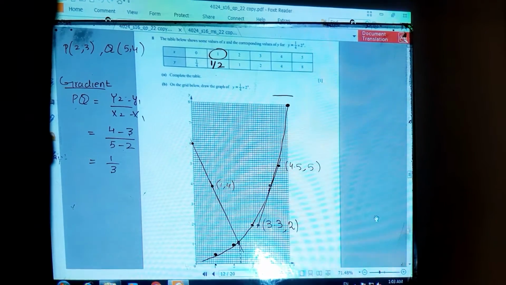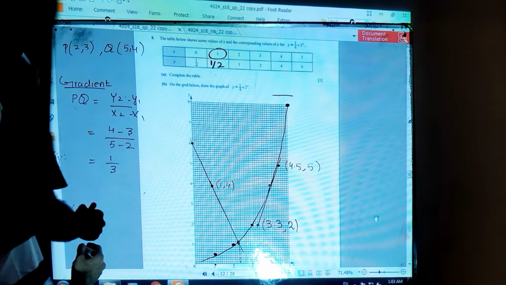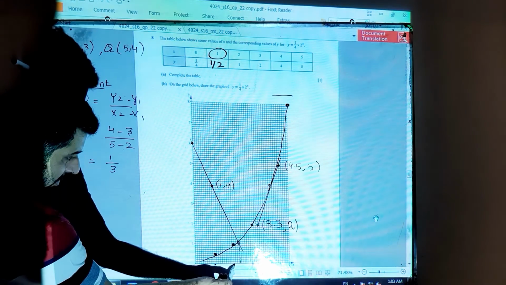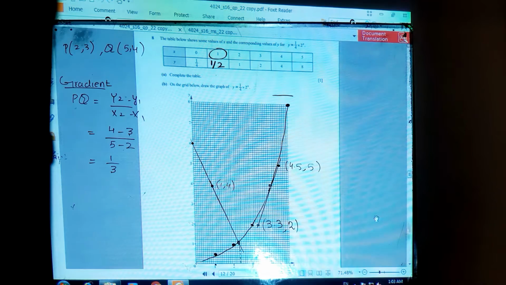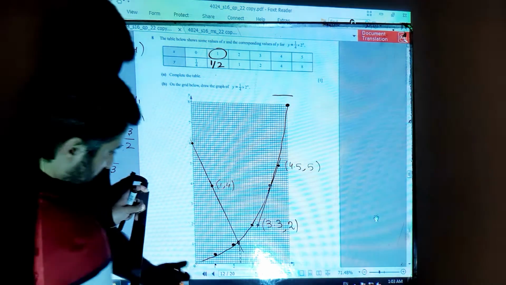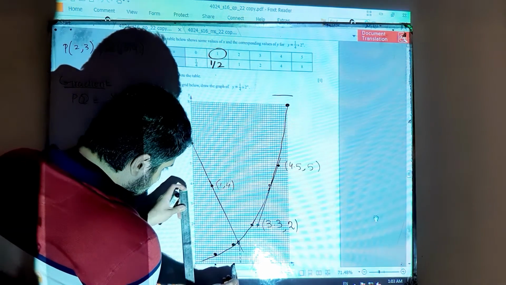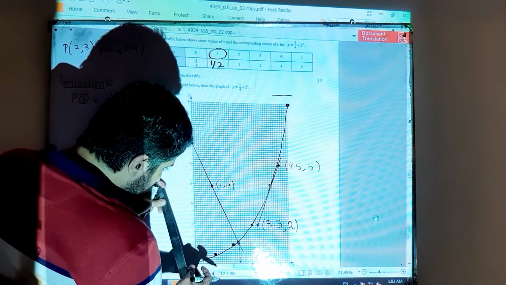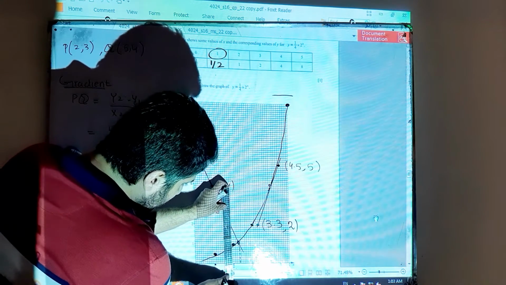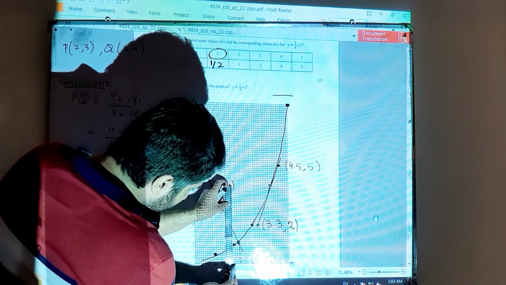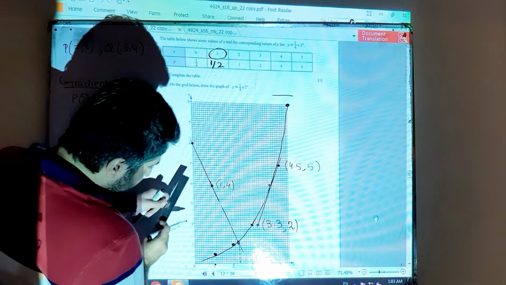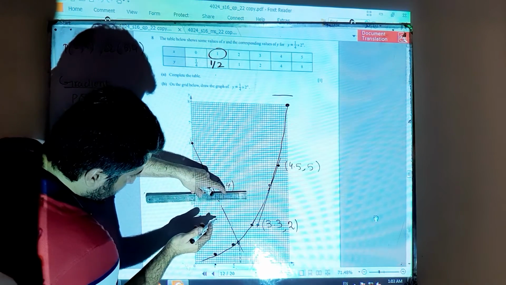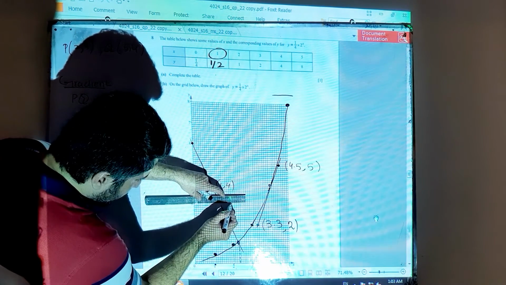Now you can draw the line PQ where P is (2, 3): x is 2, y is 3. Let me mark this, x is 2 and y is 3 over here.